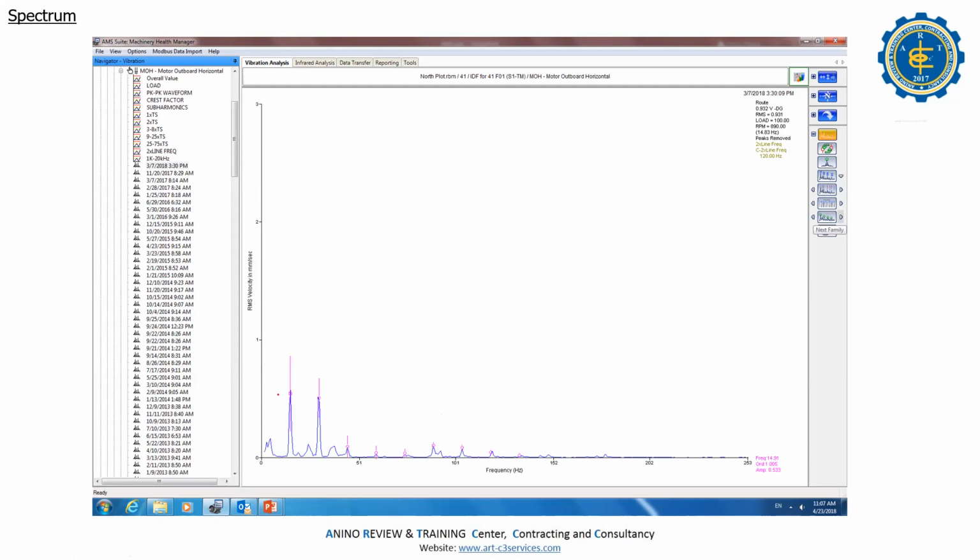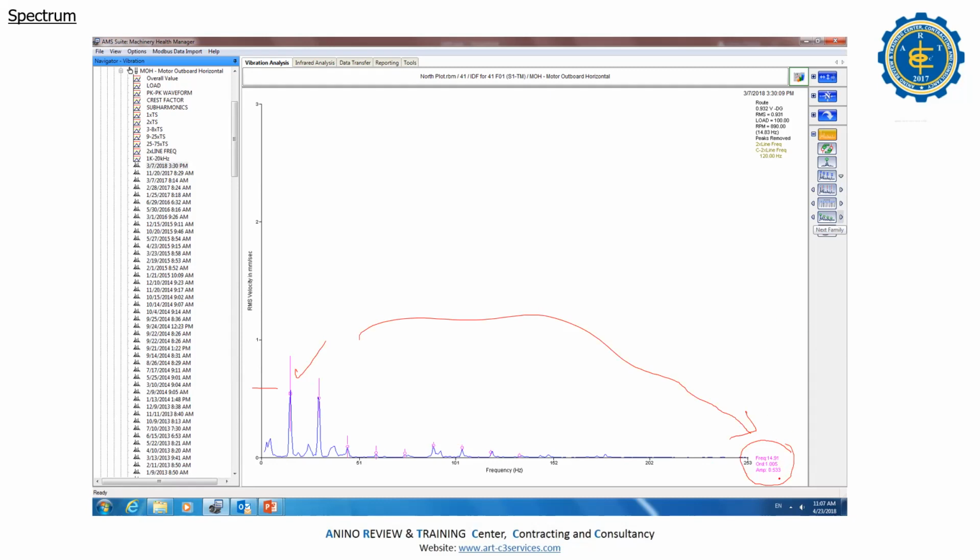It's very low. 1x is only 0.5, I think, maybe 0.6. Here, the amplitude. It's the same with the ACOM. If you put the cursor on the 1x, you have the reading. If you put it here, you'll get the harmonics.